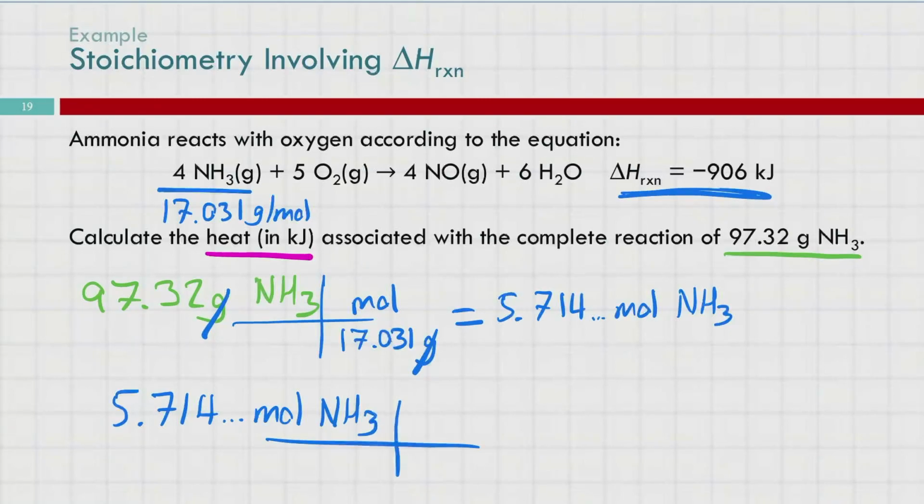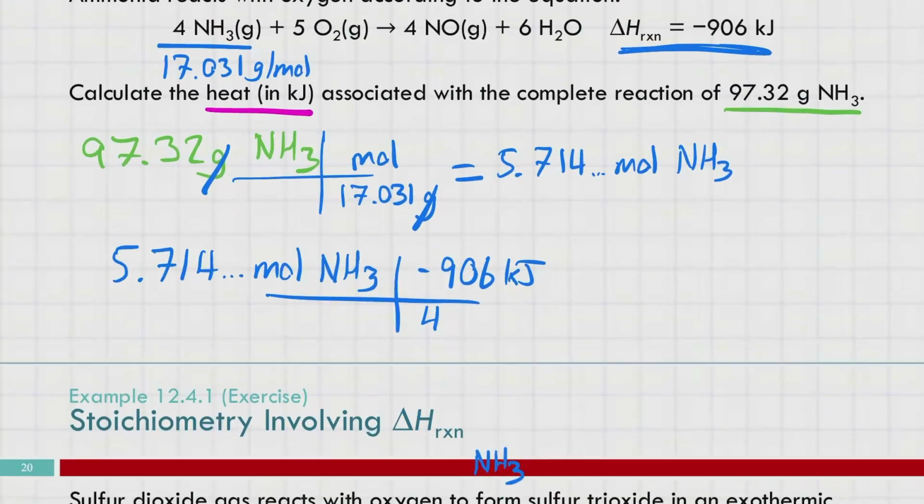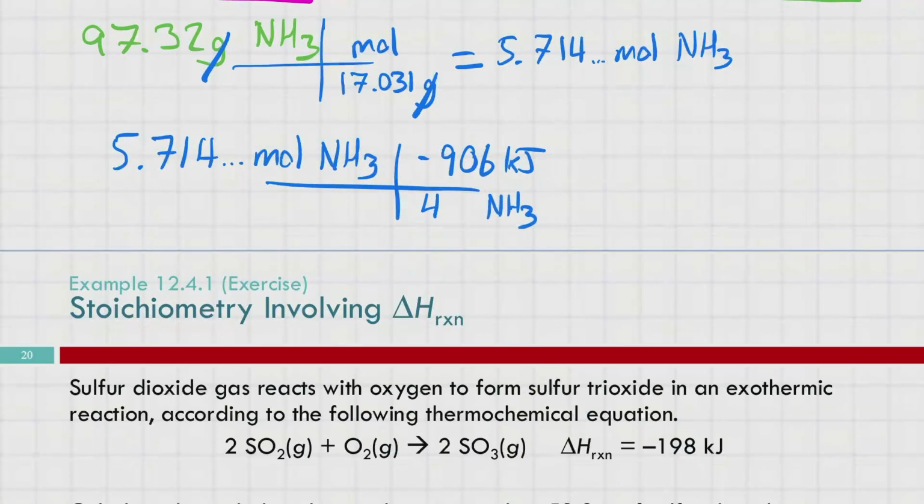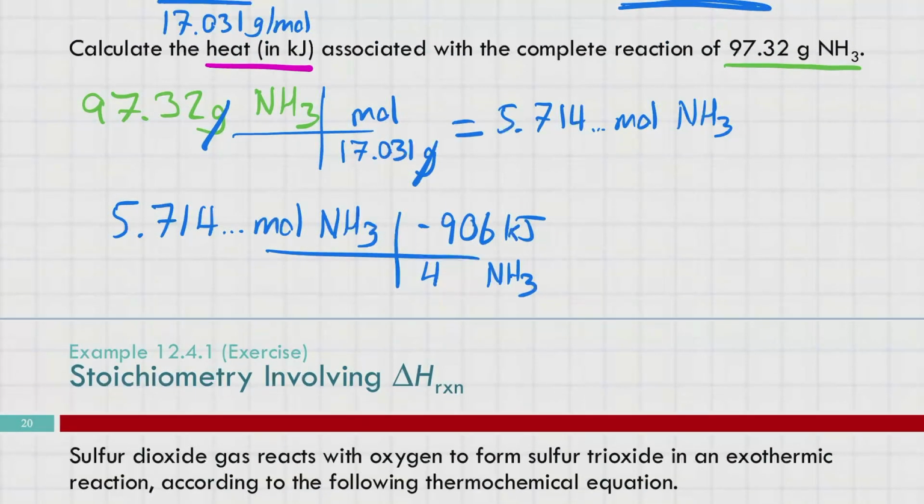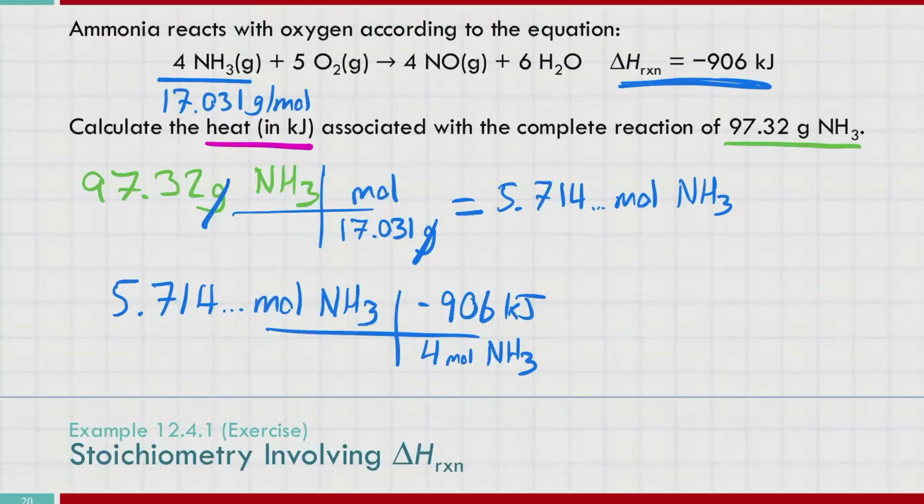Our ratio, negative 906 kilojoules over 4 moles NH3, since we want to be particular about our units. So that 5.7 and change times negative 906 divided by 4.